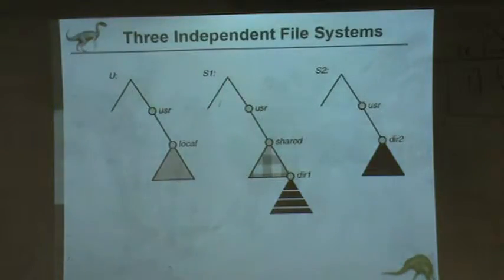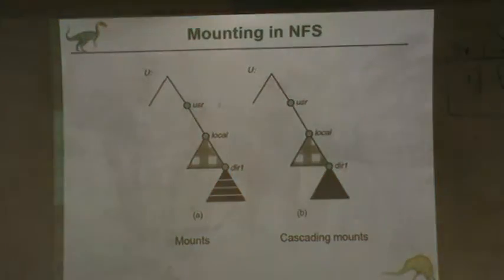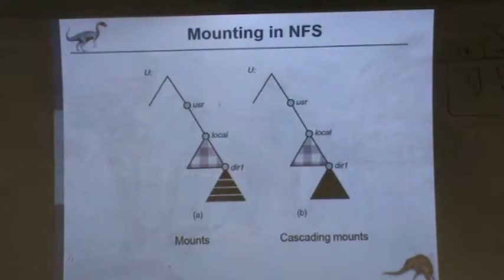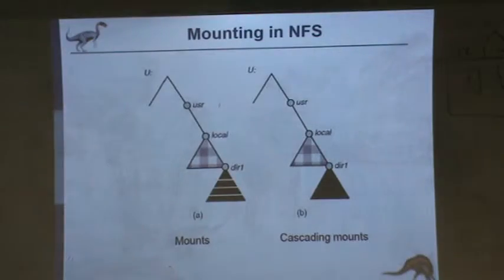You still keep the local directory, but you may lose the information under local. Instead, this remote file system will replace this area, that is the mount. To establish the network file system, you mount the remote file system.